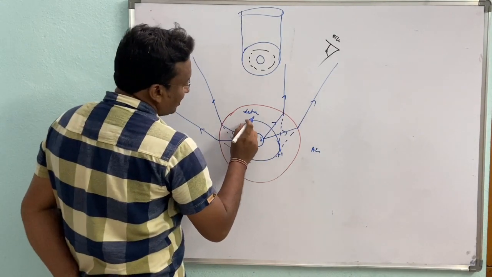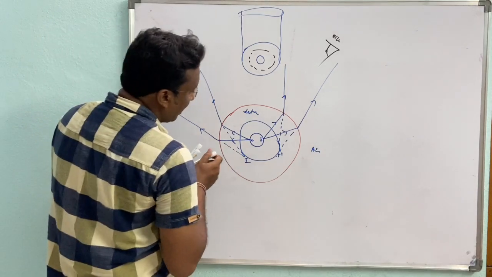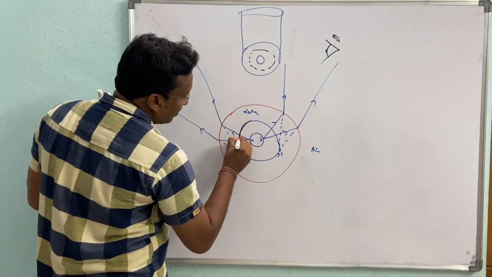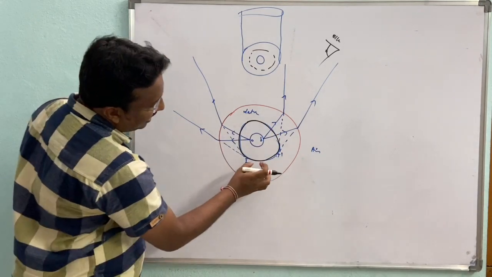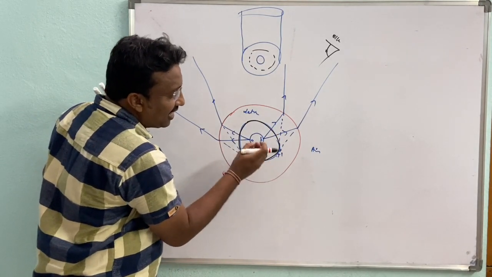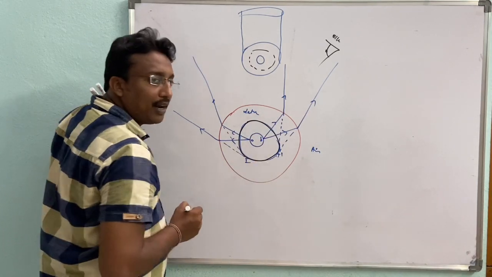I will use another marker to make it easy to understand, right? Okay, this black color one shows the size of the image, the image of the lemon.